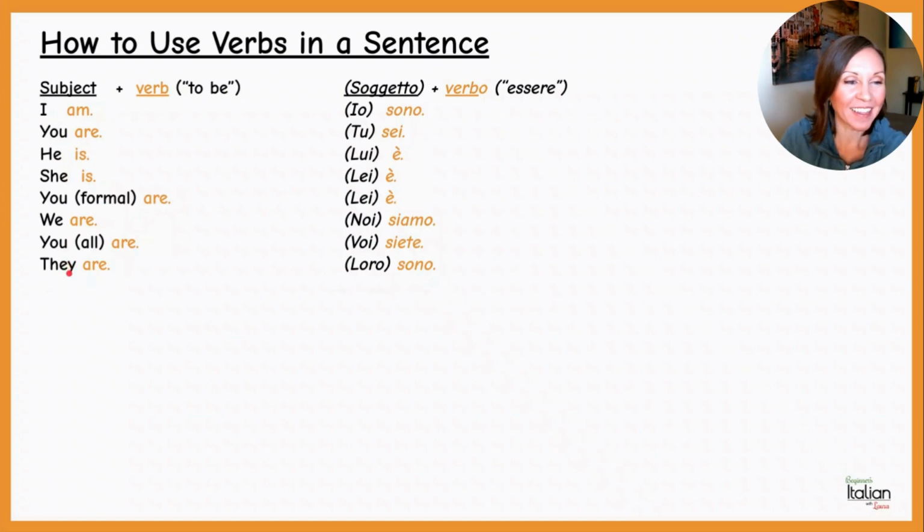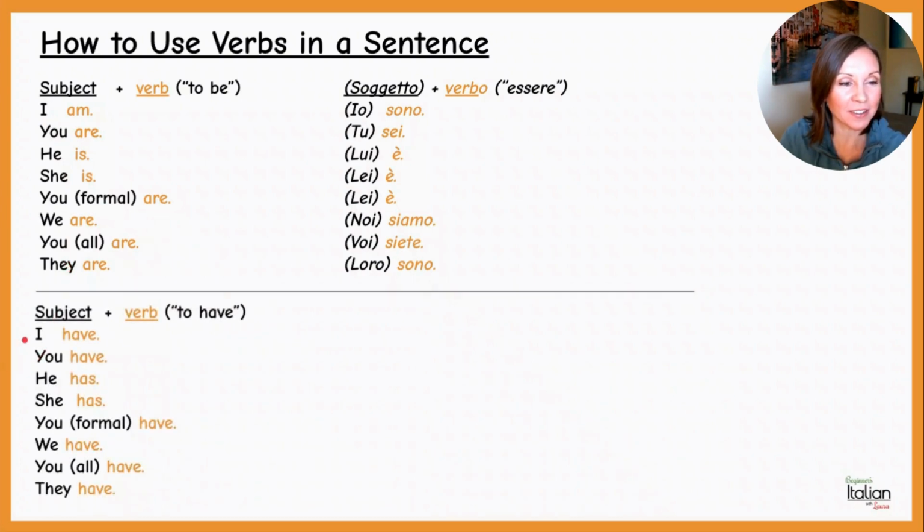Okay, and then we have another example here. We have the verb to have. I have, you have, he has, she has, you have, we have, you have, and they have. The only one that's different here is he and she has.